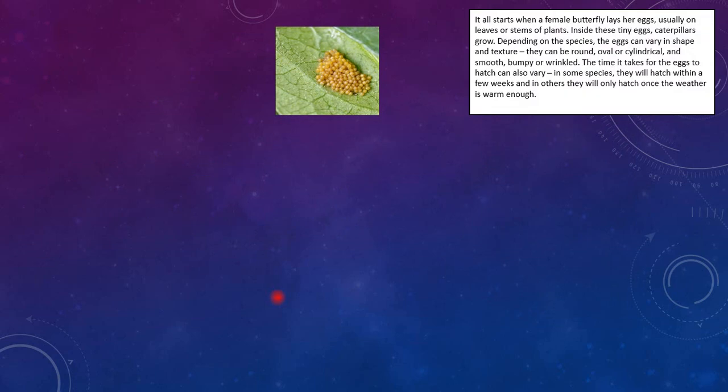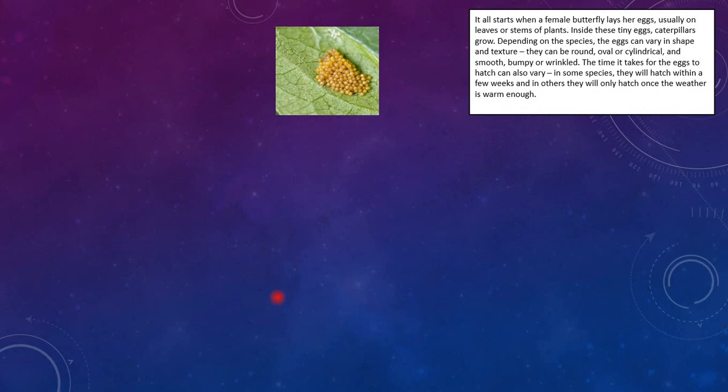First one is that it all starts when a female butterfly lays her eggs, usually on leaves or stems of plants. Inside these tiny eggs caterpillars grow. Depending on the species, the eggs can vary in shape and texture.